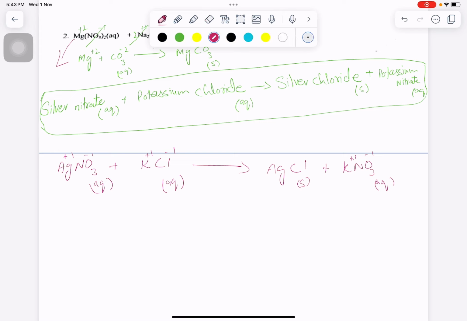So here we have nitrate on each side, we have K on each side. Now what we have left over, Ag plus 1 plus Cl negative 1 goes to AgCl. It is aqueous and it is in solid form. So this is how you have to balance and make ionic equations.